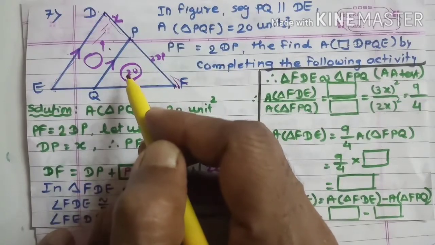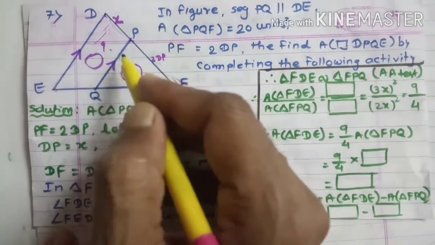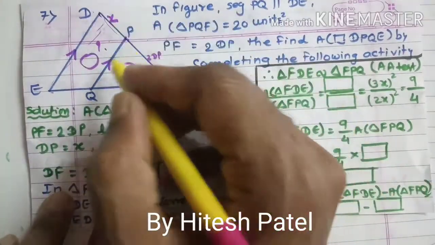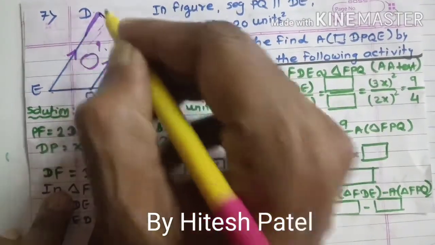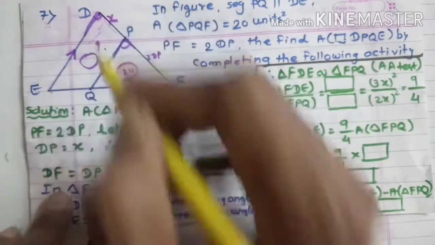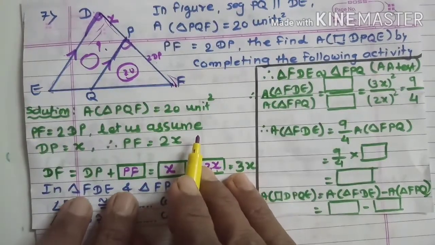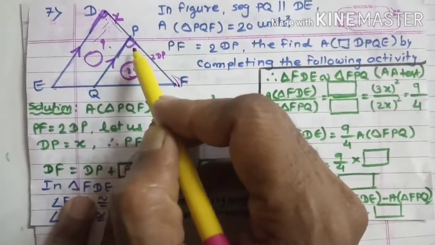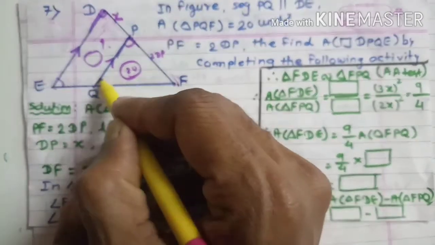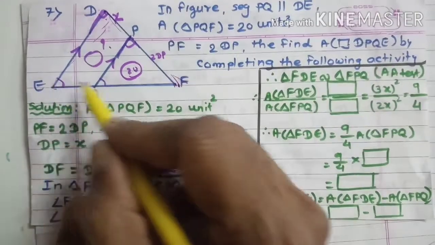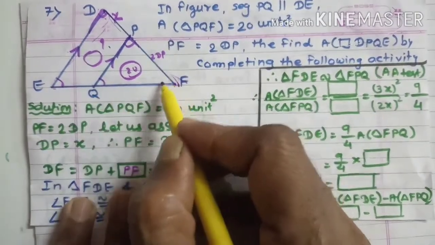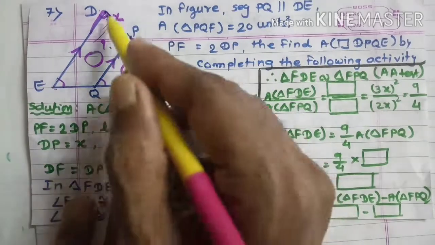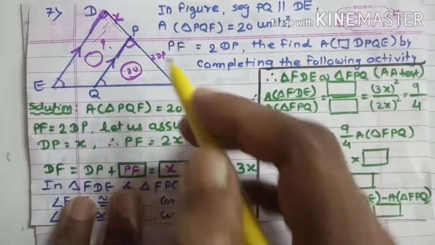Okay, we know the test of parallel lines. If two lines are parallel, suppose this is transversal, then these two angles, this angle and this angle, are congruent. Why? Because corresponding angles. Similarly, these two angles are also congruent. Once again, corresponding angle test, and this angle F is common between these two triangles, in the smaller one and in bigger one also.